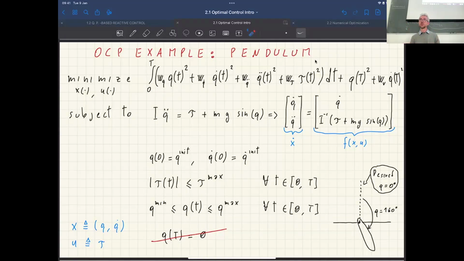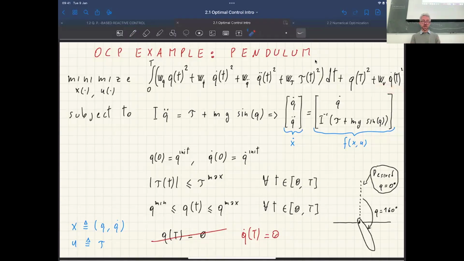So if I don't have a Q of T equals 0, you need the terminal cost. Yeah, you need either this or this. The same goes for the joint velocity. So you could have either here Q dot at capital T equal to 0, or you could have it here as a terminal cost.